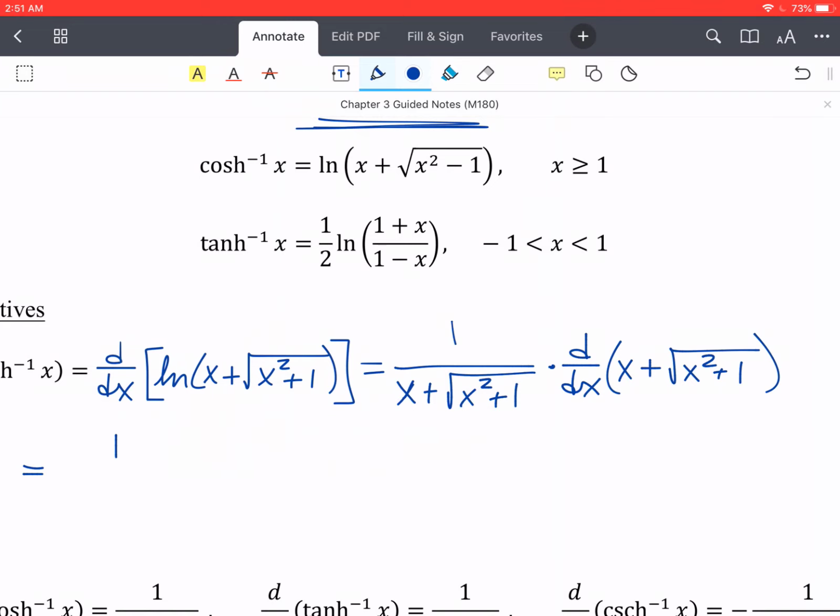So we have 1 over x plus radical x squared plus 1 times the derivative of x, which is 1, plus the derivative of the square root function, that's 1 over 2 times radical x squared plus 1, but this function also has a function inside of the square root, so we do have to employ the chain rule to this one as well. The derivative of x squared plus 1 is just 2x.